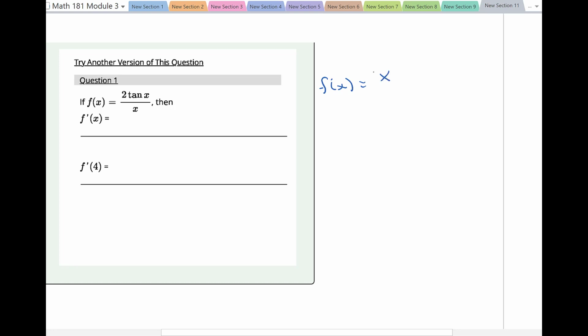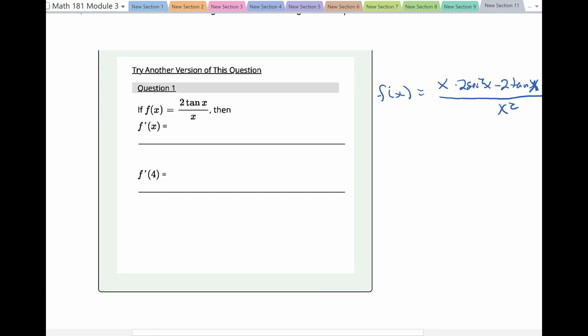Low, which is x, d high, which is 2 secant squared x, minus high, which is 2 tangent x, d low, which is 1, over x squared. So I'm going to write here 2x secant squared x minus 2 tangent x over x squared.